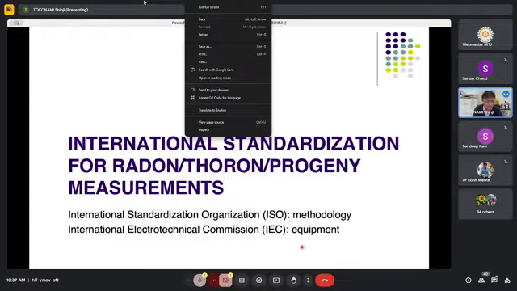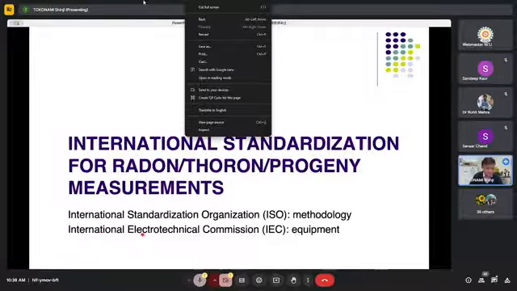Here is some information related to international standards. I would like to introduce international standardization for radon-toron progeny measurements provided by the International Standardization Organization, ISO, dealing with methodology, and the International Electrotechnical Commission, IEC, dealing with equipment.